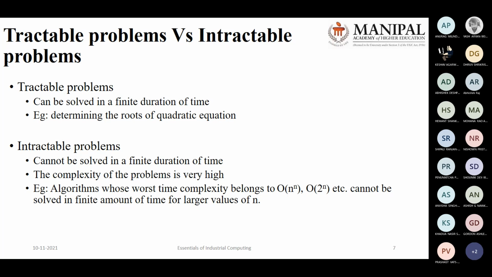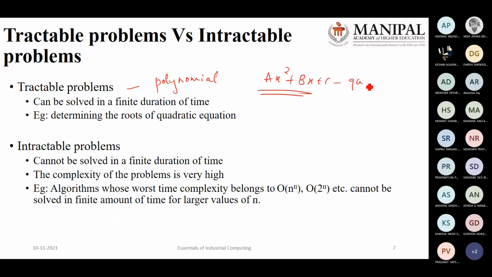Now let's find the differences between tractable problems and intractable problems. We know that some problems or algorithms can be solved in a finite duration of time. They are called tractable problems, and basically these tractable problems are polynomial in nature. You know, ax square plus bx plus c. What is this equation?